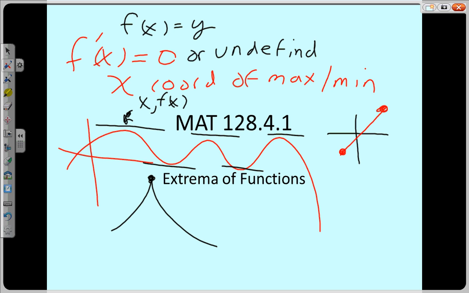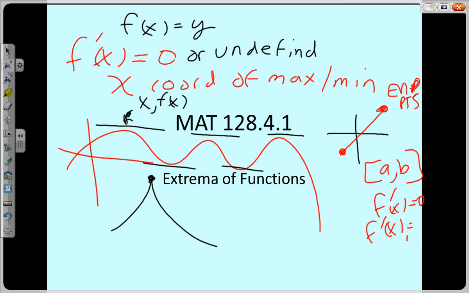They'd be at the end points. So in a closed interval, you can have a maximum or a minimum at 3 places: the beginning, the end, or any place where the derivative is undefined or the derivative is 0.